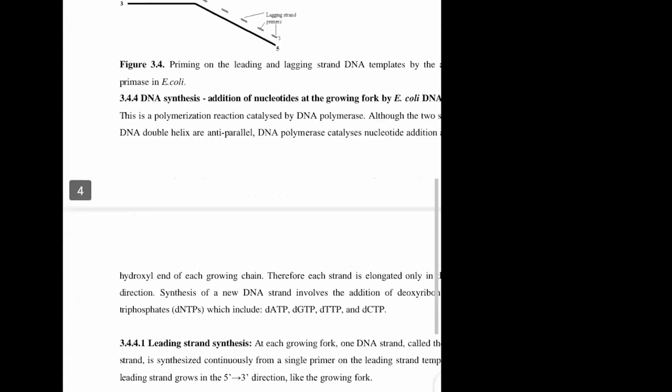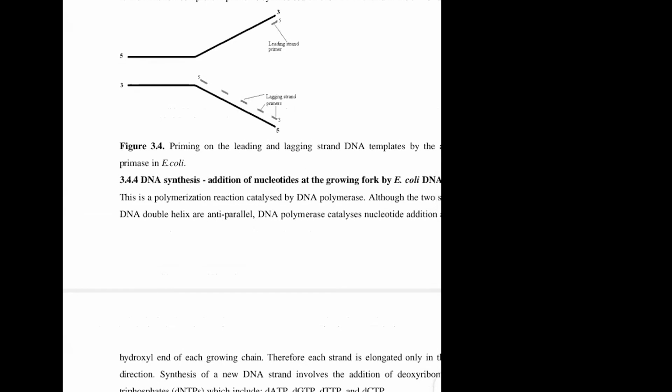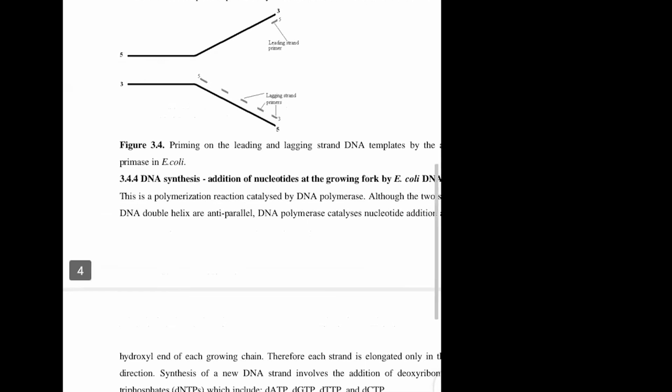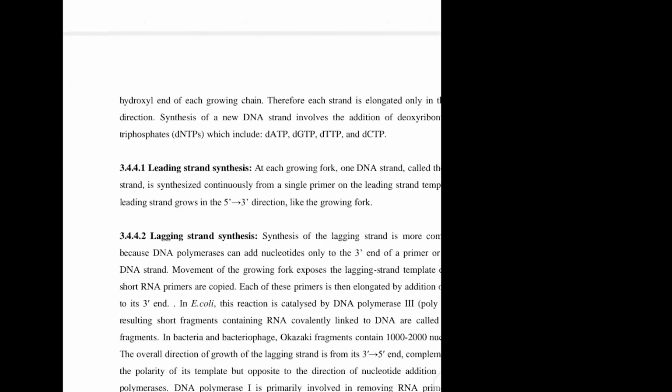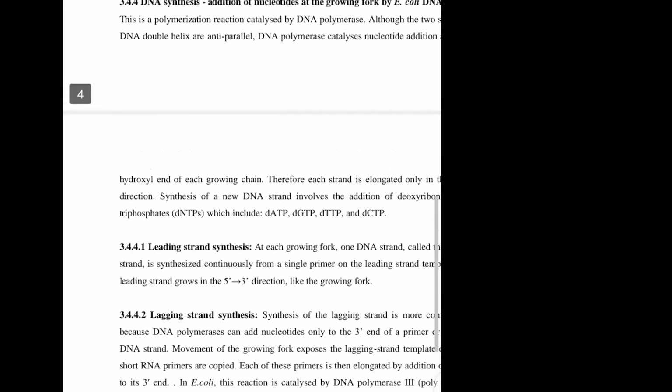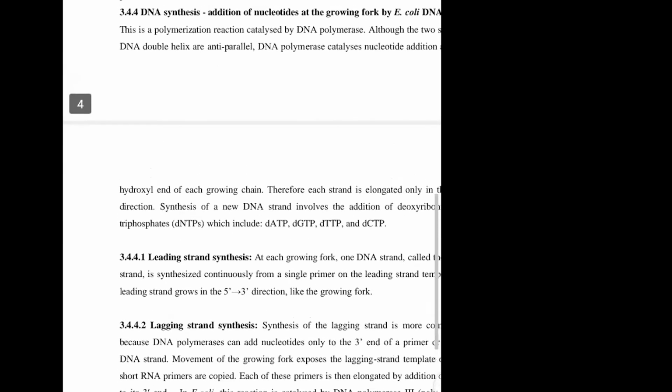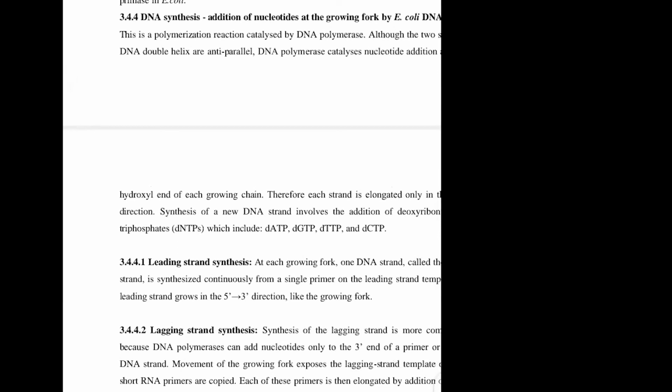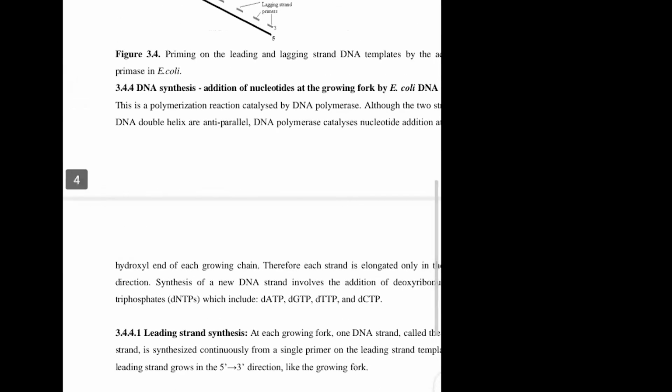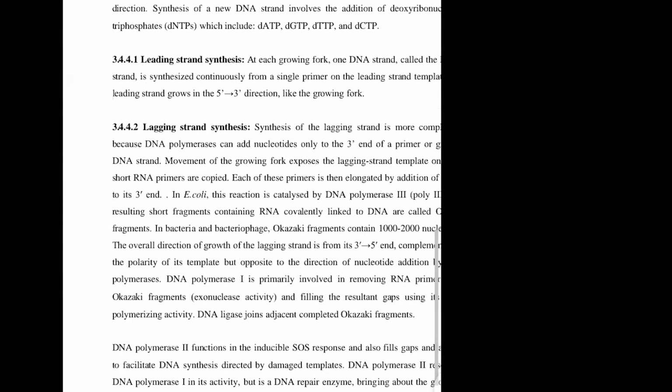Now, if you come back to the replication fork, you can see a 5' and a 3' at the ends of this replication fork. There's a 5' to 3' end and a 3' to 5' end. So elongation happens in the 5' to 3' direction. As you can see, the leading strand is arranged in the 5' to 3' direction, as opposed to the lagging strand, which is arranged in the 3' to 5'.